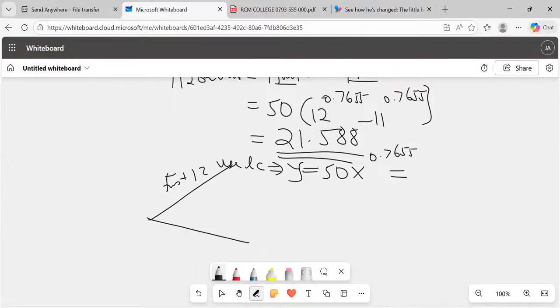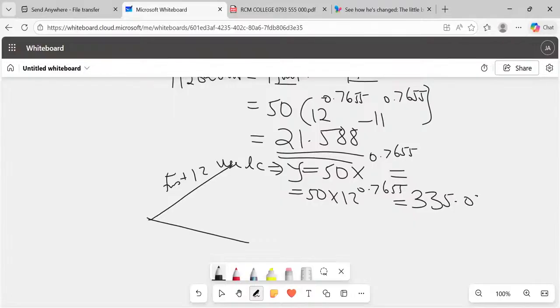This first 12 does not need any expansion, so we write it the way it is. It will be 50 into 12 raised to 0.7655, which is equal to 335.